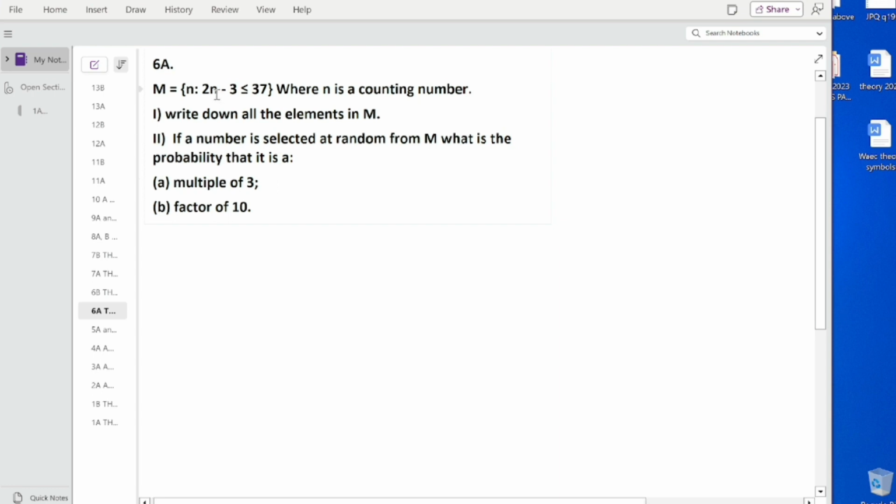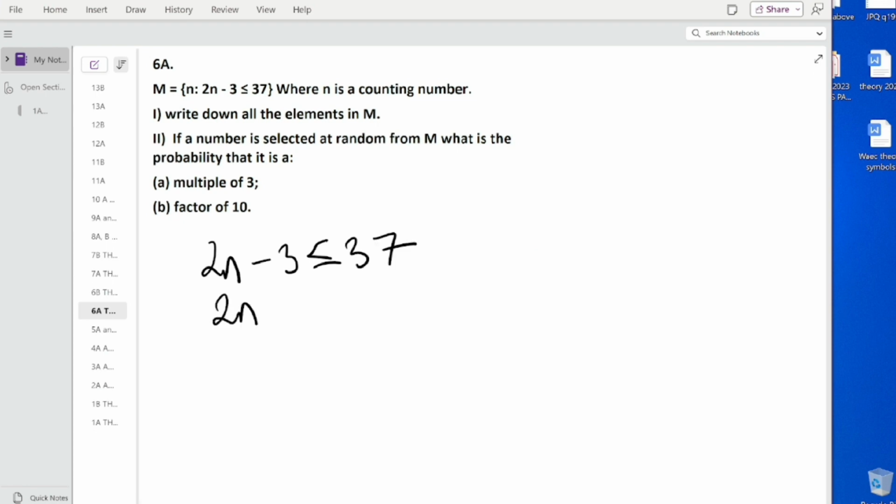So for the first question, the value of n they're talking about is such that 2n minus 3 is less than or equal to 37. This is like an equation we have to solve for n to know what our M is. So let's write it out. 2n minus 3 is less than or equal to 37.